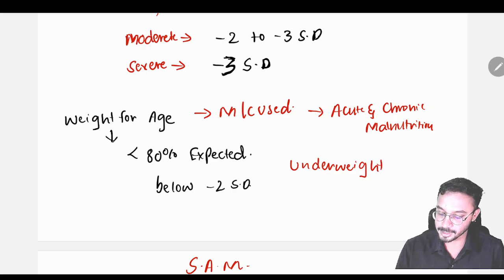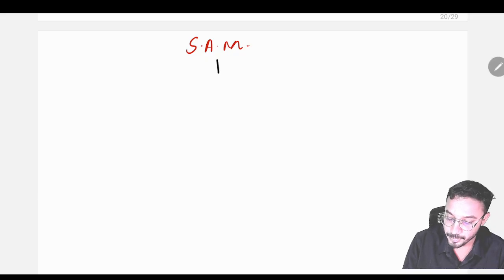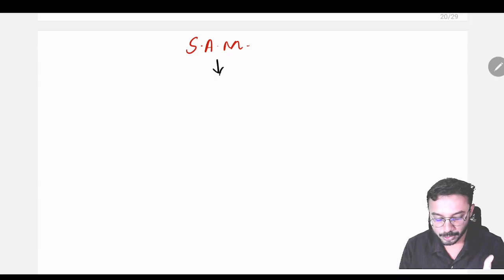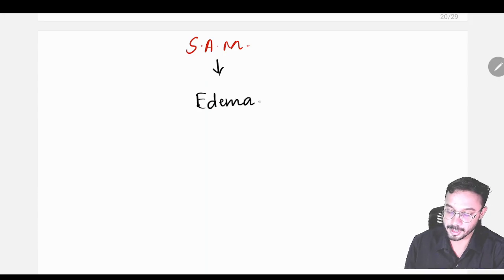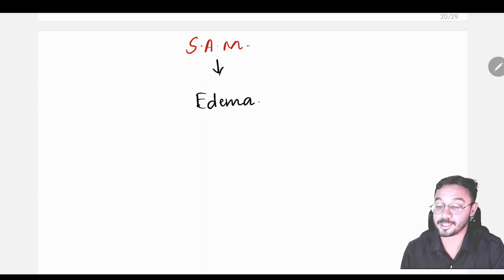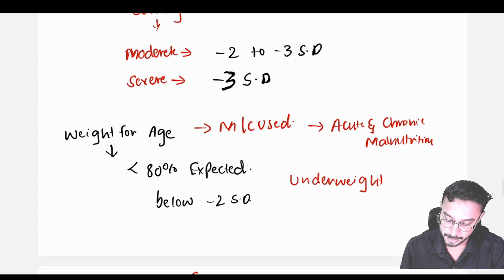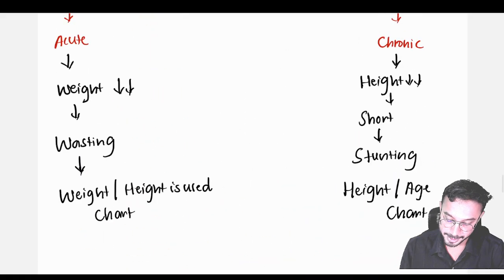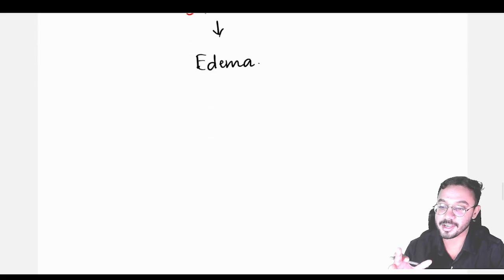Okay, and next we move on to severe acute malnutrition. When you are going to say it is severe acute malnutrition, edema is present. In acute malnutrition, please remember which parameter is used: weight for height. Severe, standard deviation how much? Less than -3.